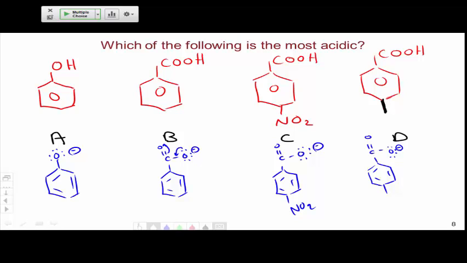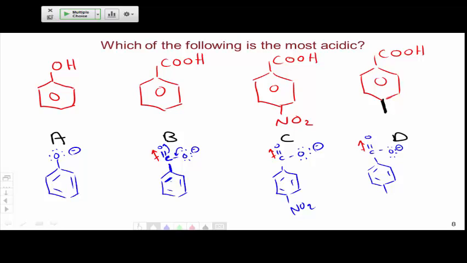In addition, the benzene ring itself has resonance, with the double bond in the benzene ring making one single bond with the single bond from the C double bond of the oxygen in there. Add to that, this O minus is close to a withdrawing group in each one of these. So definitely A is the least acidic because of all the resonance structures in B, C, and D.